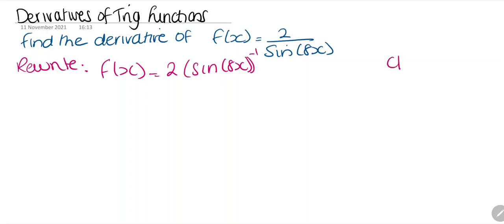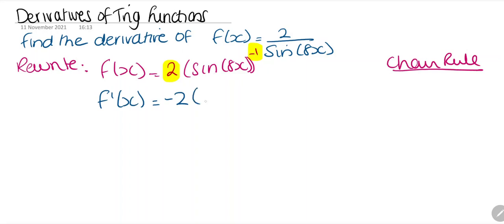And I'm going to use the chain rule. So the chain rule says if I multiply the outside, so f prime is going to be negative 2. So we rewrite the inside the same, and we're going to minus 1 from the power.